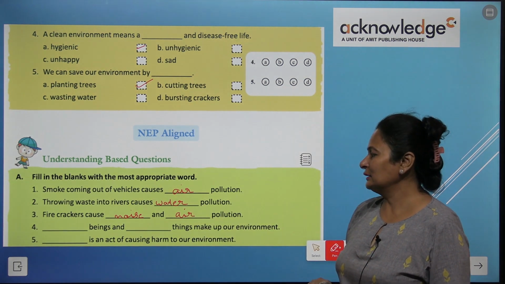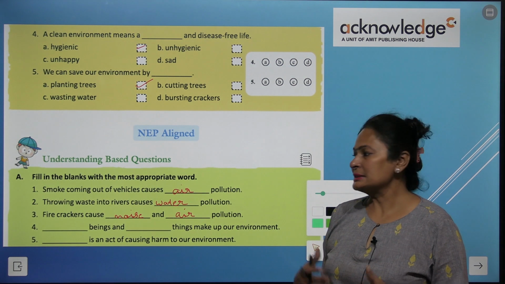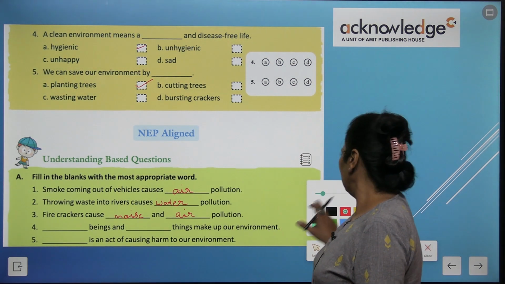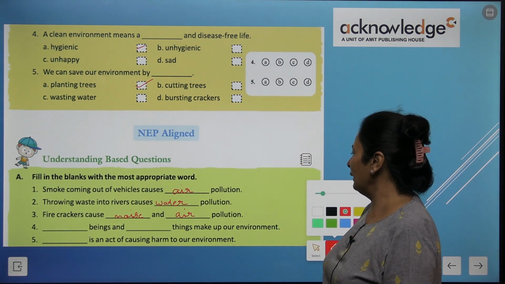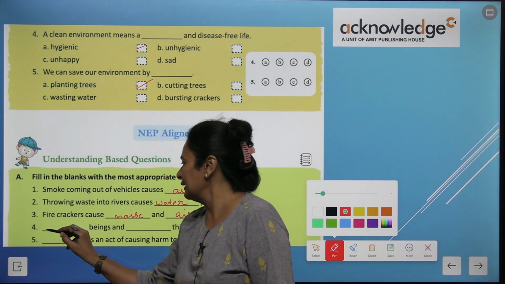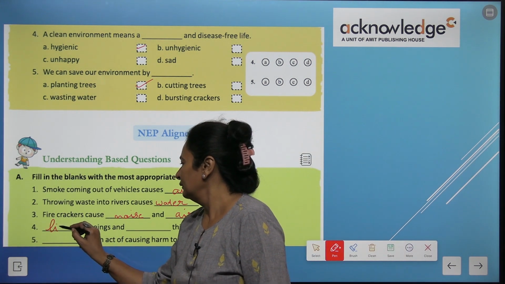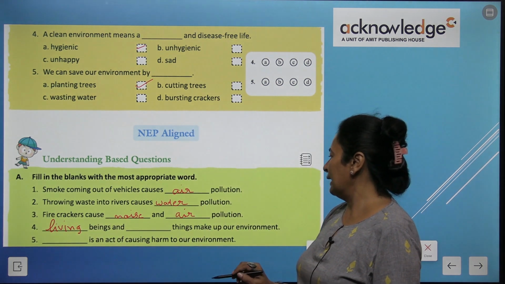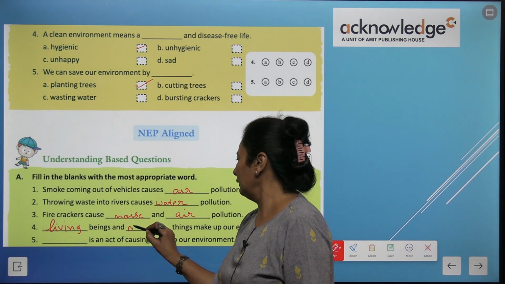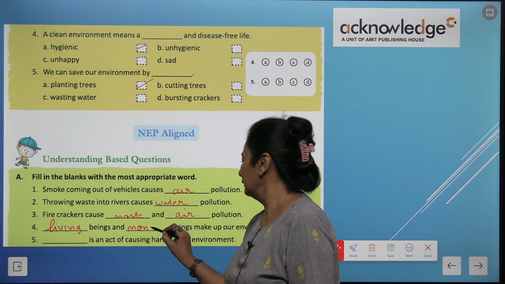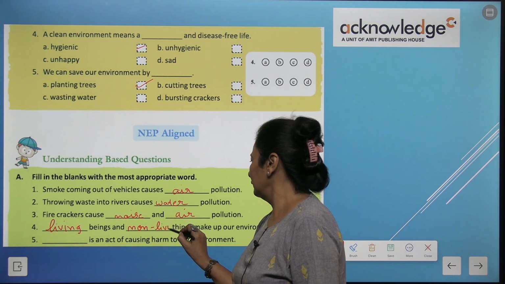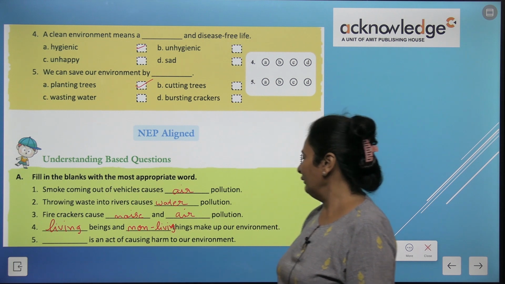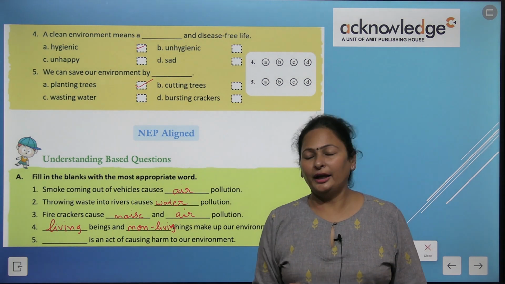Right? Fourth one is dash beings and dash things make up environment. It is living beings and non-living things that make up our environment.